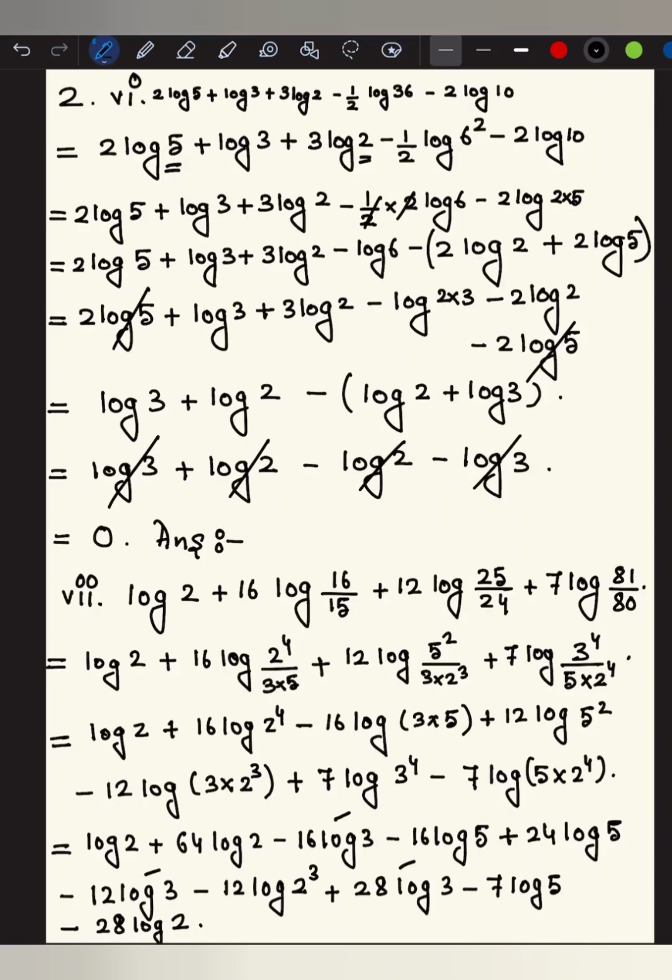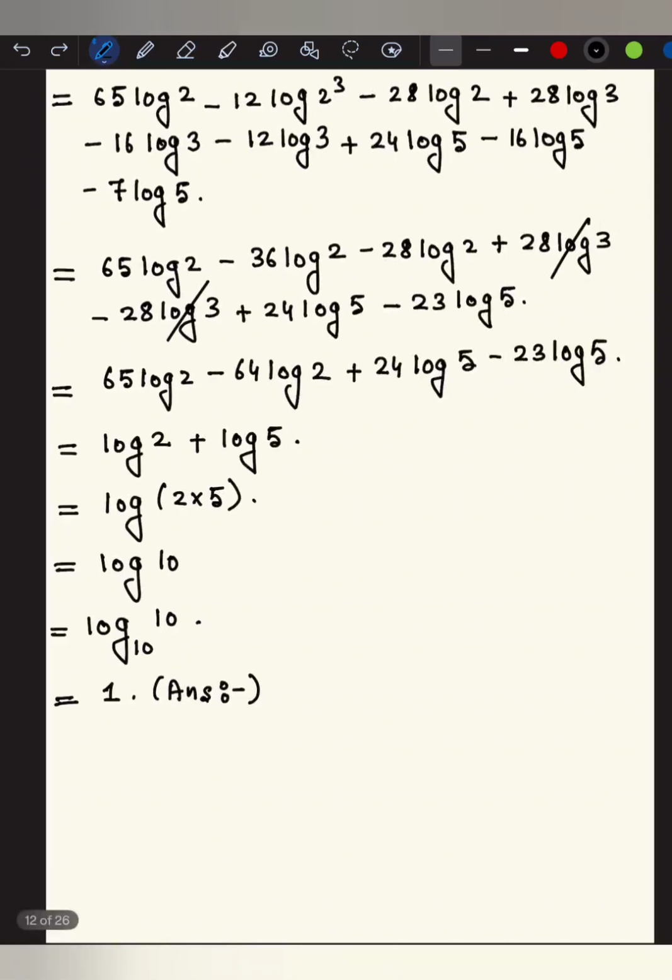Next comes the log 5 related terms. It's minus 16 log 5 plus 24 log 5 and minus 7 log 5. So I have written it as plus 24 log 5 minus 16 log 5 minus 7 log 5.